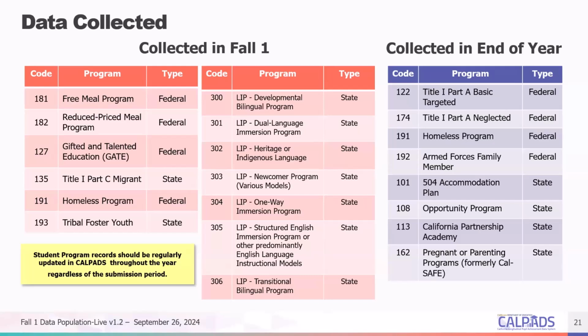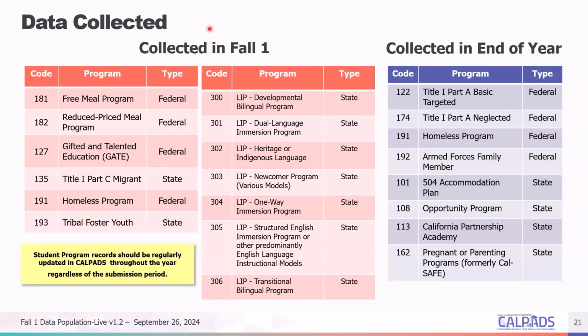However, if you do this ongoing program reporting, not all program records will show up on your Fall 1 reports. The orange tables on the left-hand side here contain the SPRG records that are formally collected in Fall 1 and will thus show up on your Fall 1 reports.